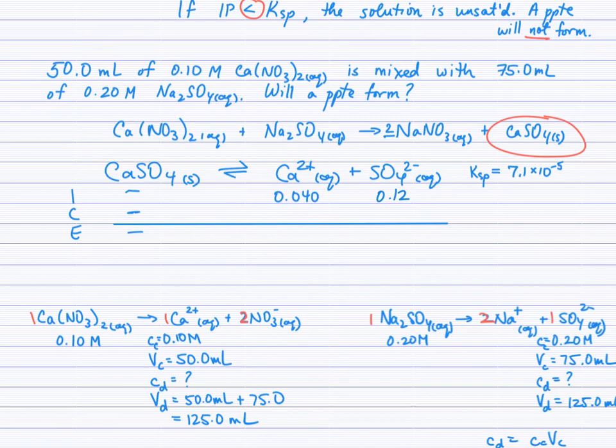Okay, following the balancing coefficients, I can see that I'll have plus x here and plus 1x here, and so my algebraic expressions, 0.040 plus x, 0.12 plus x.